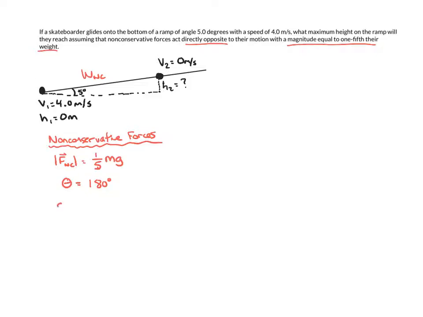So sine of 5 degrees, just looking at that triangle there, is opposite over hypotenuse. Now the opposite side to the 5 degrees is our height, h2. And the hypotenuse is the displacement.